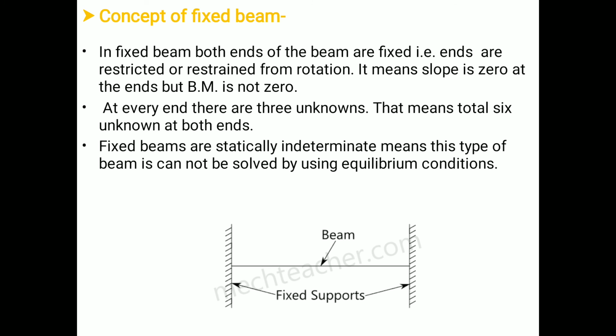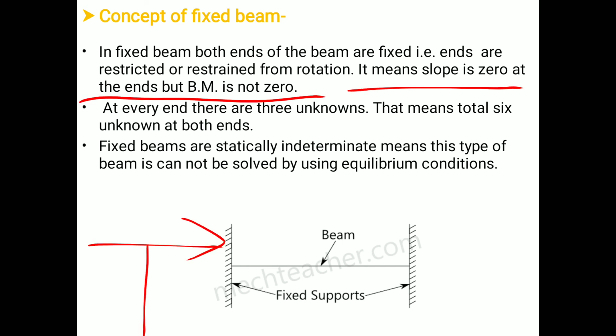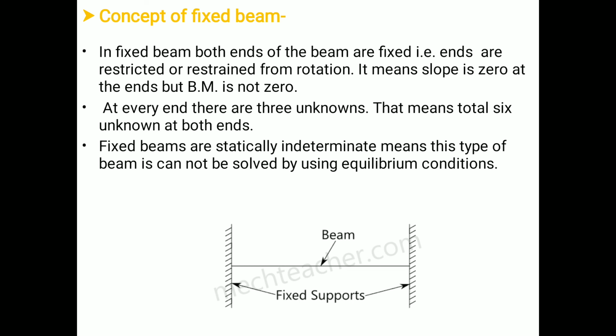As it is restricted from the rotation, the value of slope is 0 at that end, but the bending moment is not 0, because all of you know that for a fixed support we have horizontal reaction, vertical reaction, and the moment at that point. Therefore the slope will be 0, but the bending moment will not be 0.